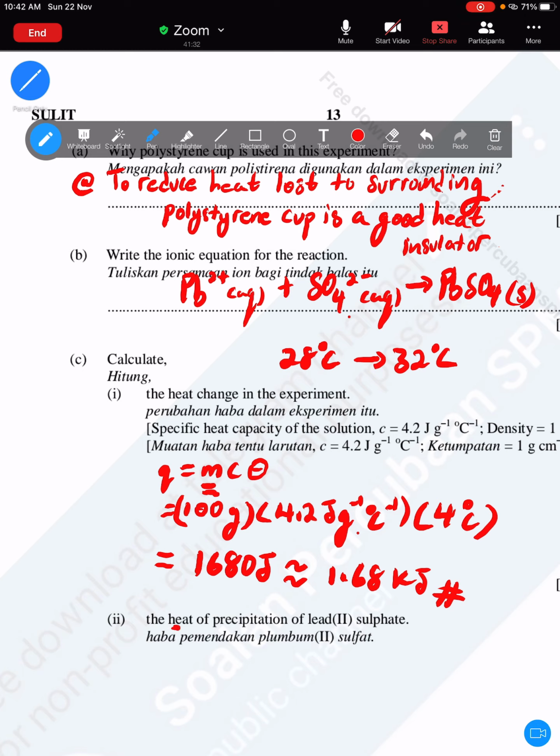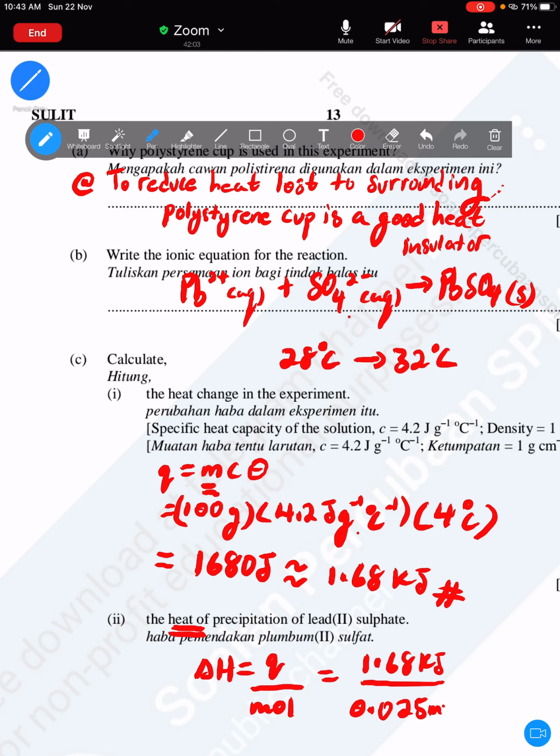Now, they ask us to calculate the heat of precipitation. Delta H, as I told you, is Q over mole, and the Q you just calculated is 1.68 kilojoule over the mole. You have calculated the mole earlier. What is the mole? 0.025 mole.